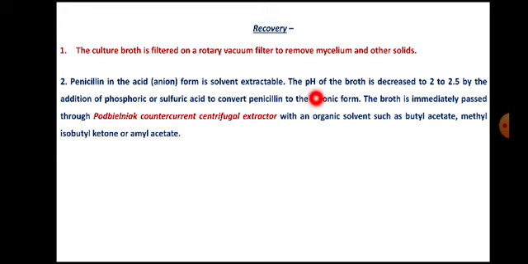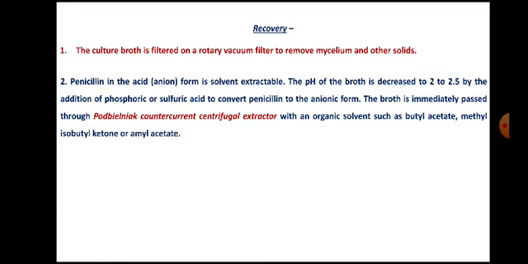So the pH of the broth is decreased to acidic, that is 2 to 2.5. Bringing down the pH to 2.5 leads to conversion of penicillin into anionic penicillin. And this can be extracted by using solvents like butyl acetate, methyl isobutyl ketone, or amyl acetate.